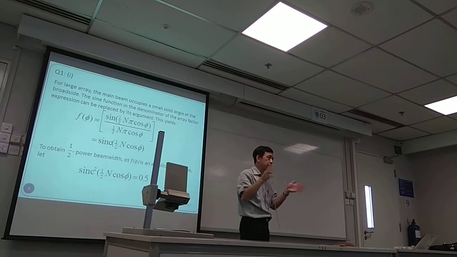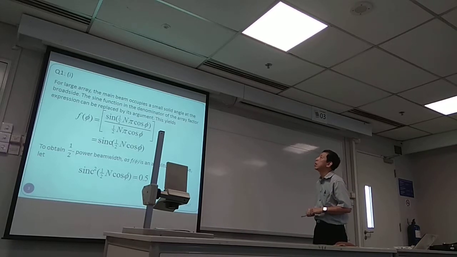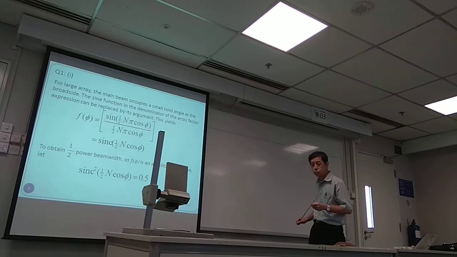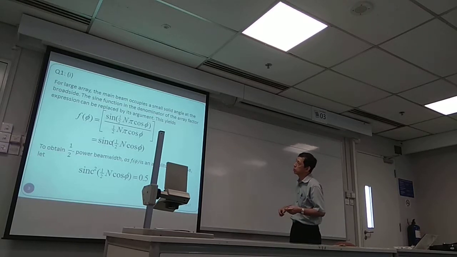So the array factor is of course for the broadside array. If the array is relatively large, then you should expect that the beam will be relatively sharp. That means the beam width will be relatively small.